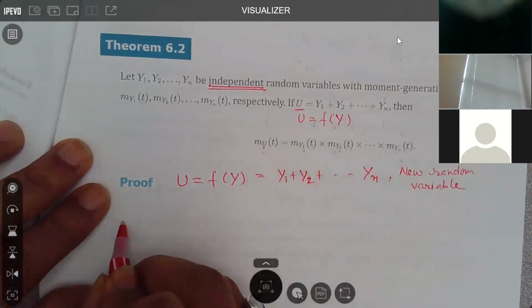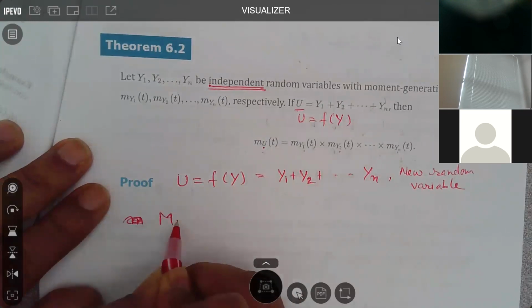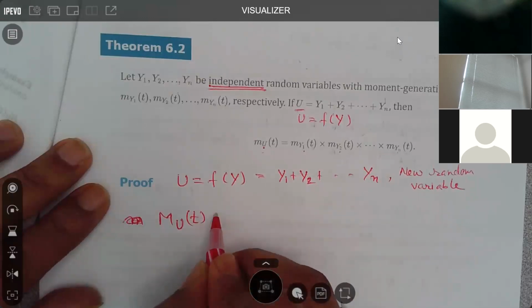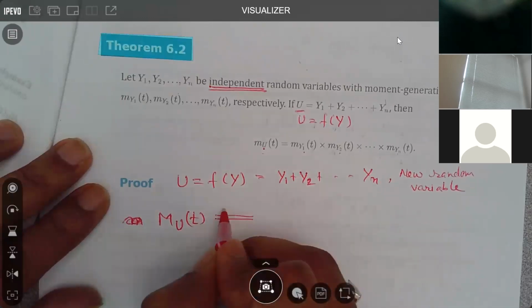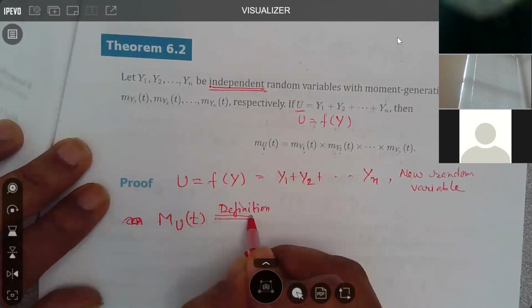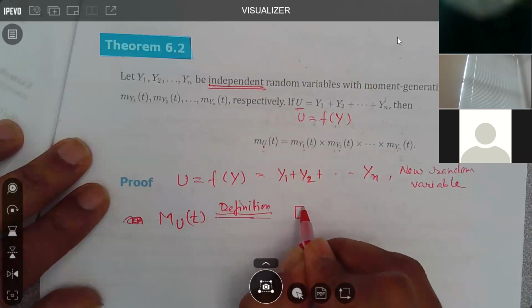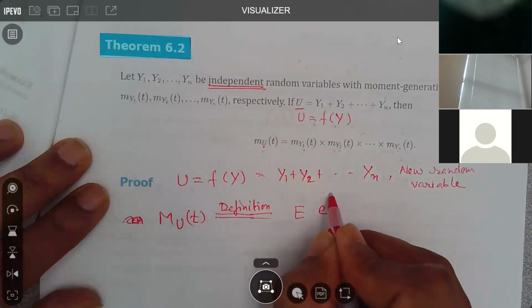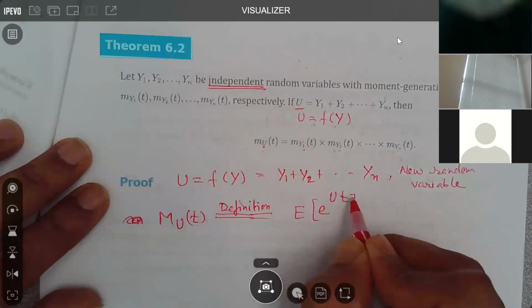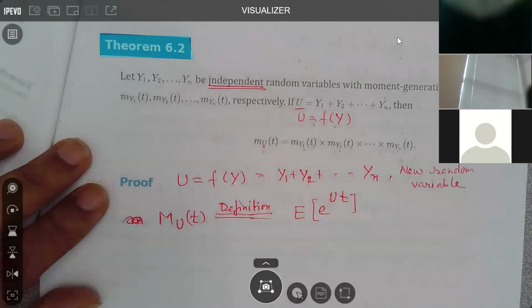Now the moment generating function, I'm writing the capital M_u(t), we want to find this, and by definition this is equal to the expected value of e to the u t, right?